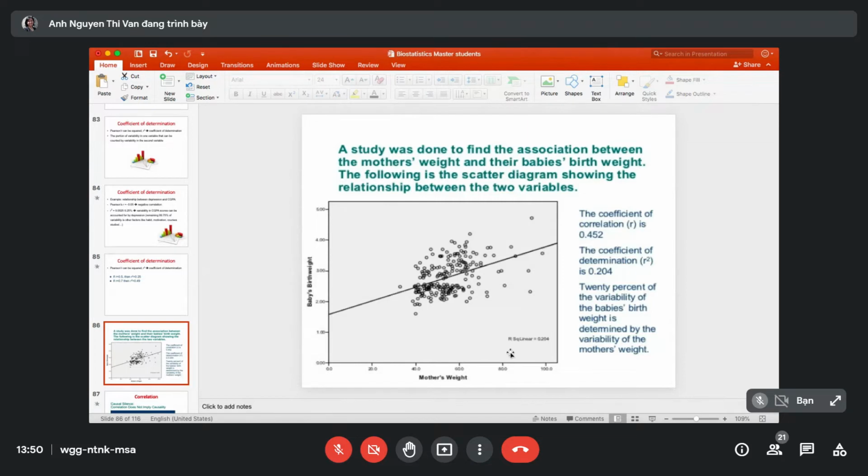In this case, the mother weight can explain only around 20% of the variability of the baby birth weight. The remaining 80% is affected by other factors. So mother's weight is not really the main factor that affects the baby birth weight.